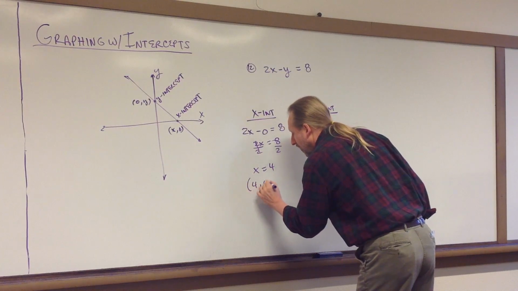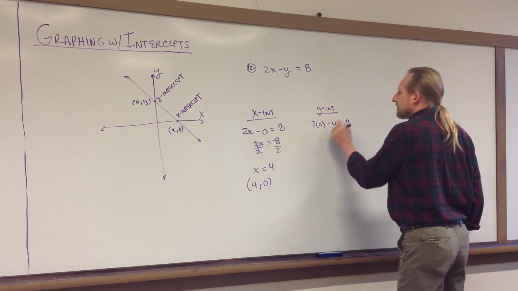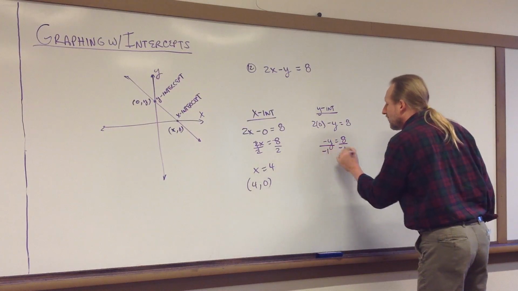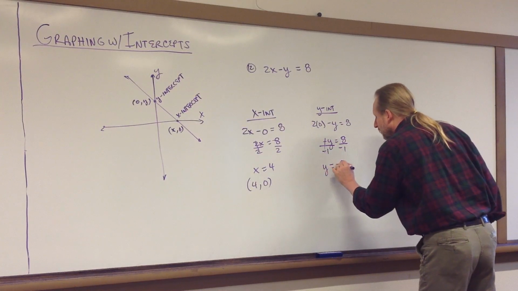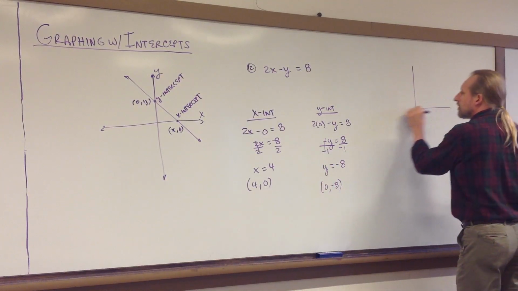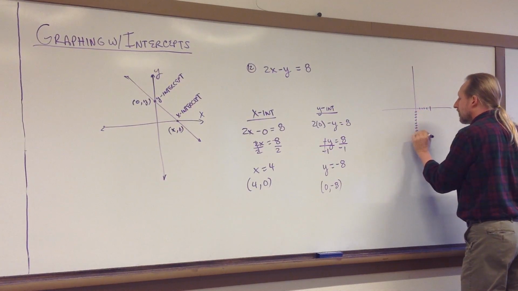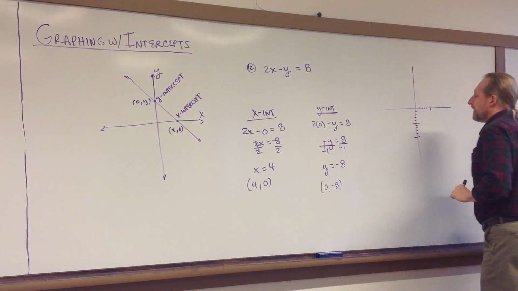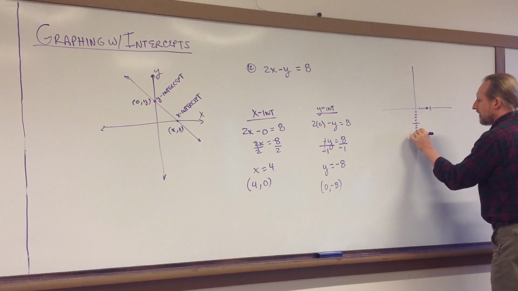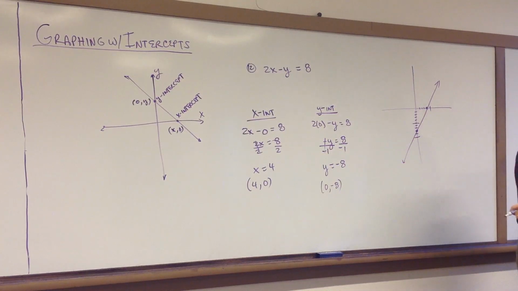X equals 4, so that's the point 4, 0. Here, put in 0 for the x. Don't lose this minus sign because that's saying -y equals 8. Multiply or divide on both sides by -1. Y equals -8. Okay, so 4, 0 is going to be right there, and then 0, -8 is right there. And so our line will look something like that.